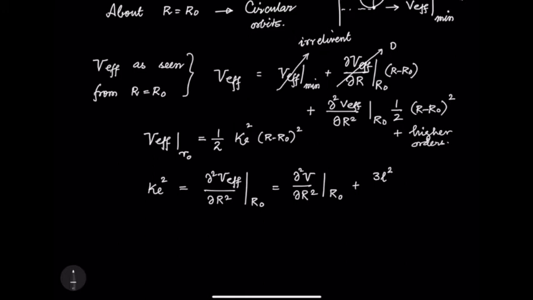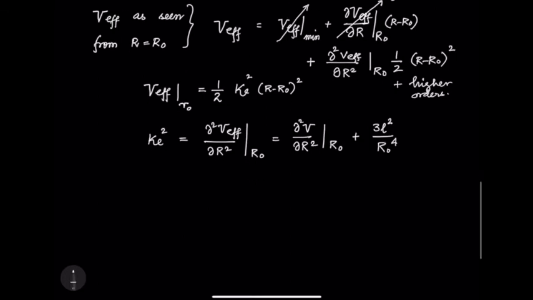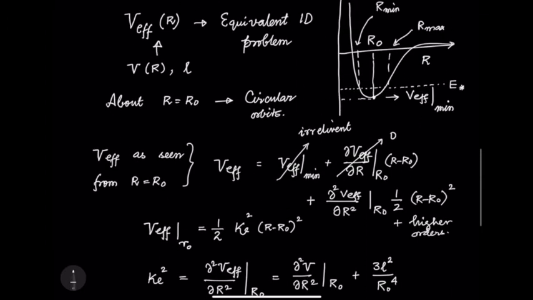This you can check from the previous discussions. And if you work out a little bit, del 2 V del R2 at R naught, you can write in terms of omega, which is the omega at R naught. So the angular velocity here is omega.